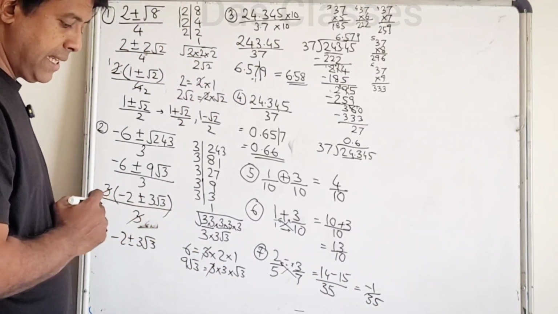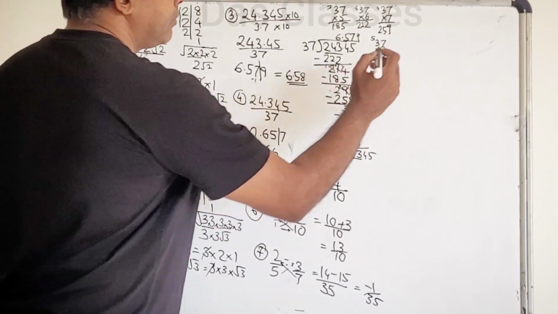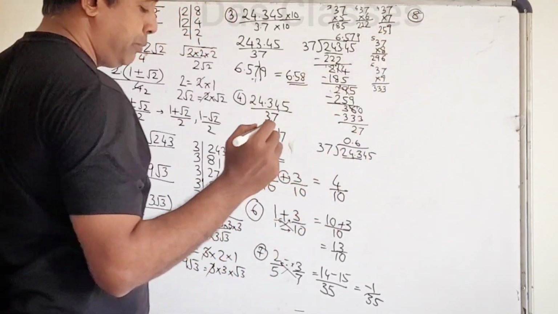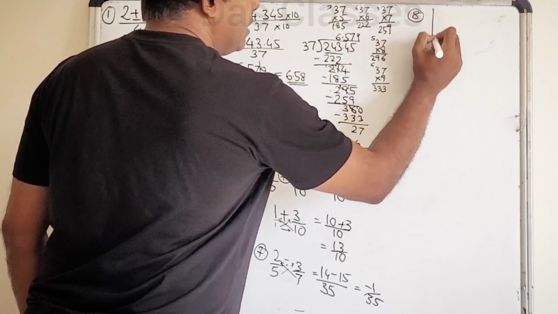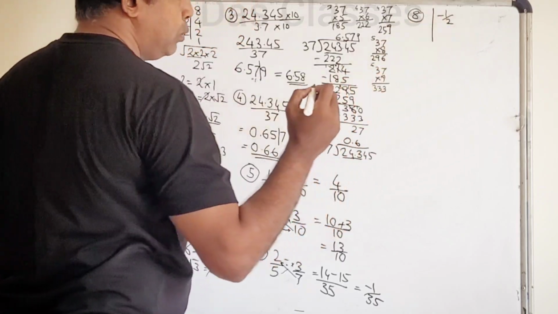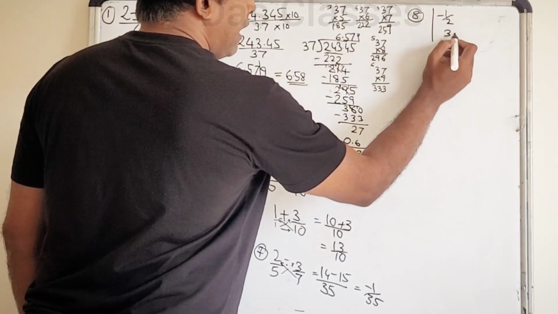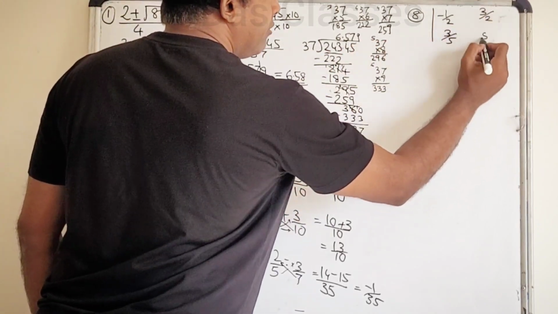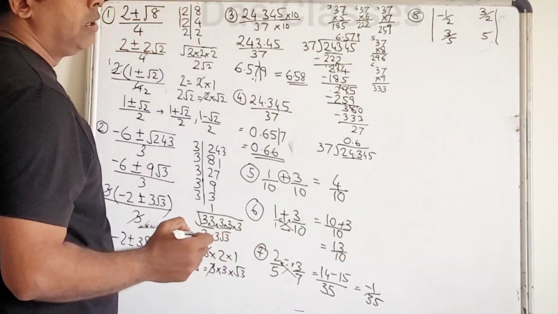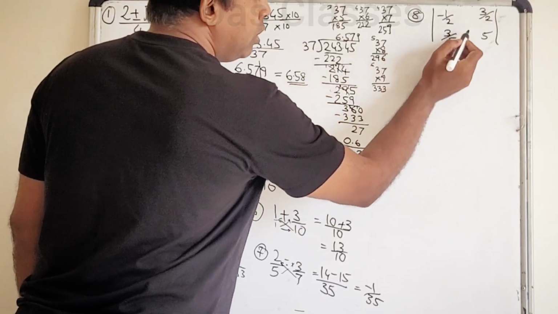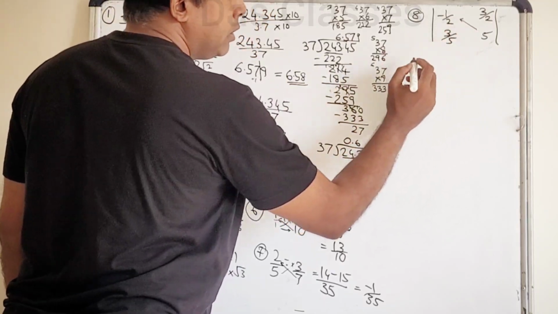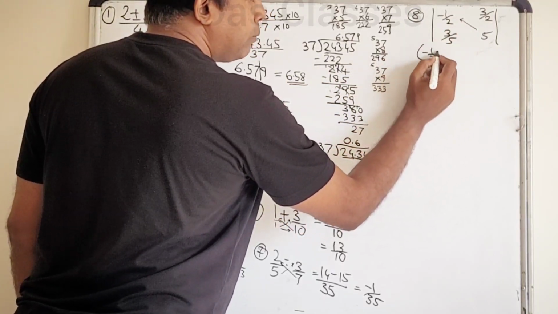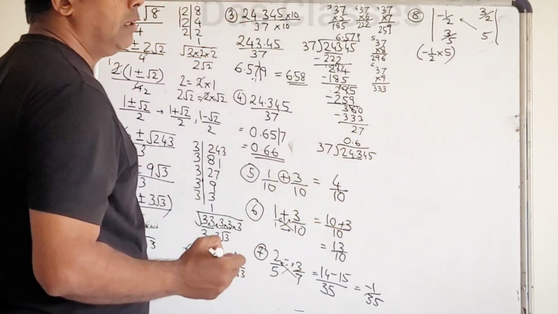So this is another example. Next is, in Cramer's rule, suppose you are given something like this: minus 1 upon 2, 3 upon 5, 3 upon 2, and 5. So how will you do it? In Cramer's rule, first we multiply these two, that is minus 1 upon 2 into 5.